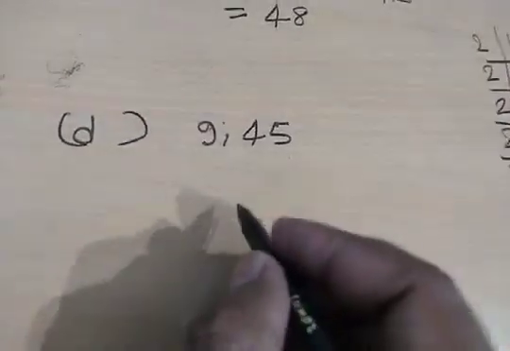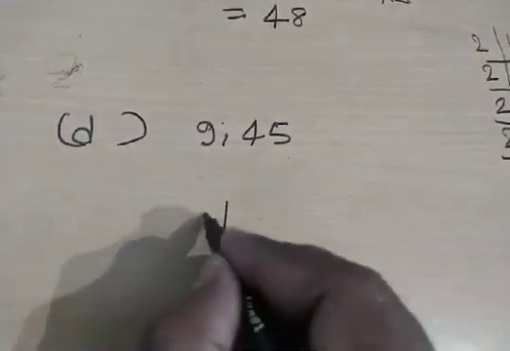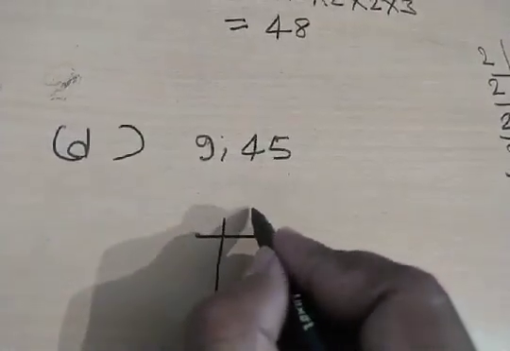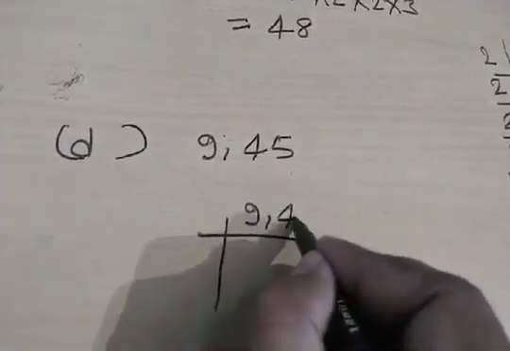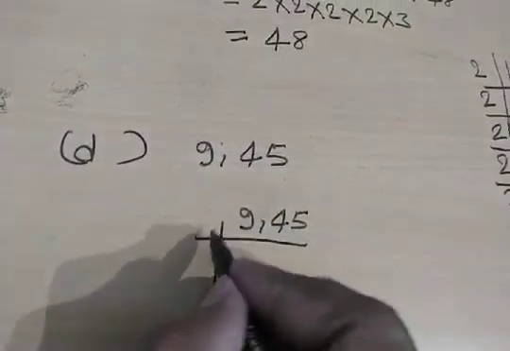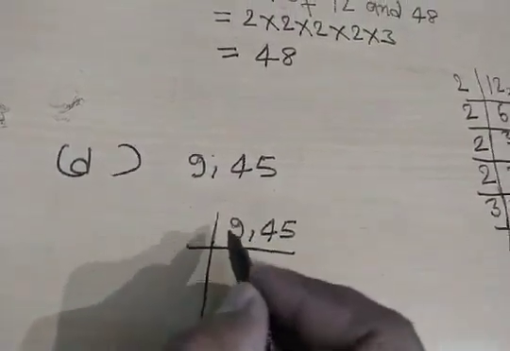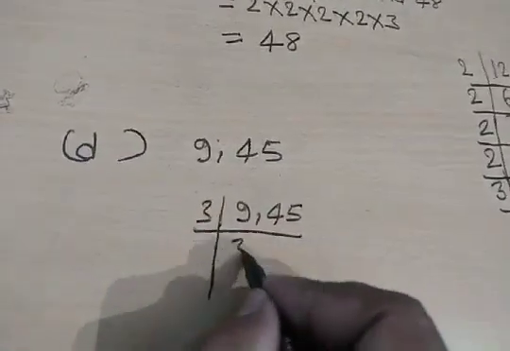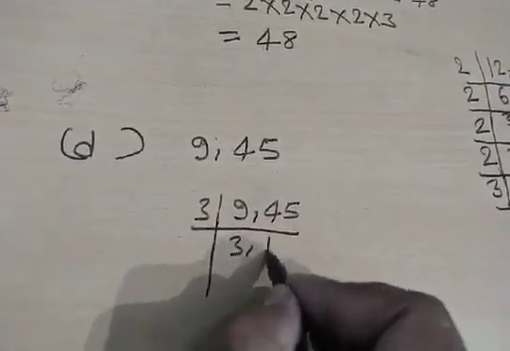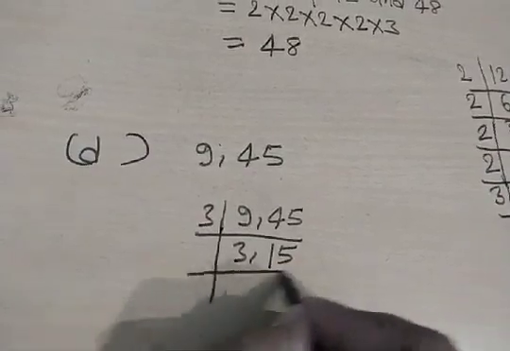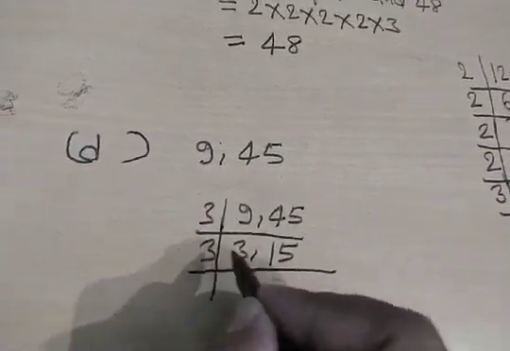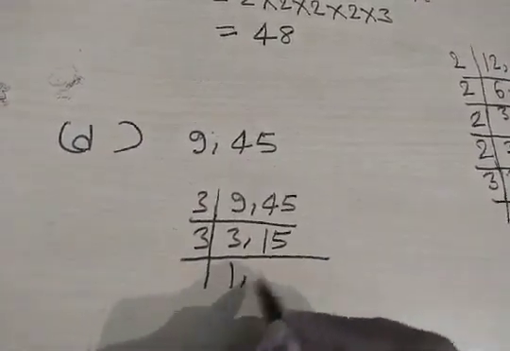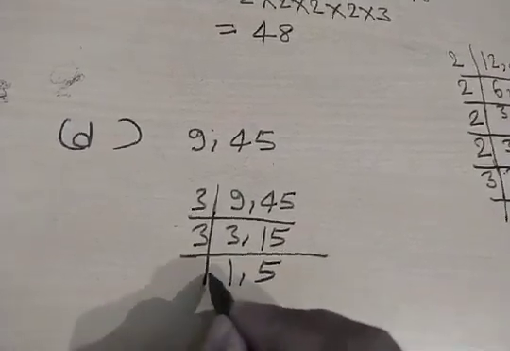First we find the LCM of 9 and 45 by the division method. So 9, 45. The smallest prime number which divides both numbers is 3. 3 threes are 9 and 15 threes are 45. Now again we take 3, 3 ones are 3, 3 fives are 15.